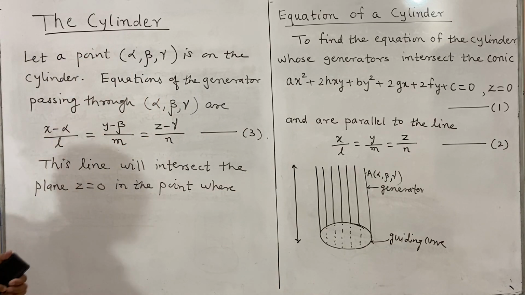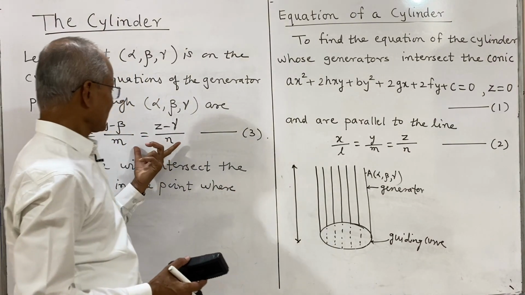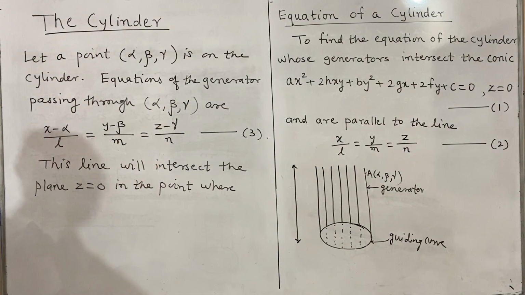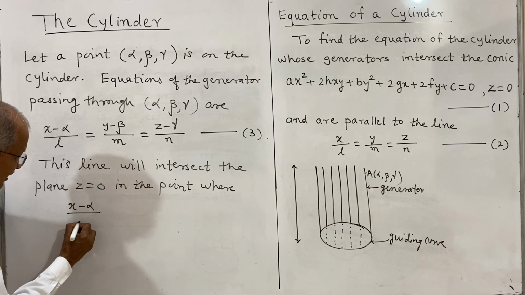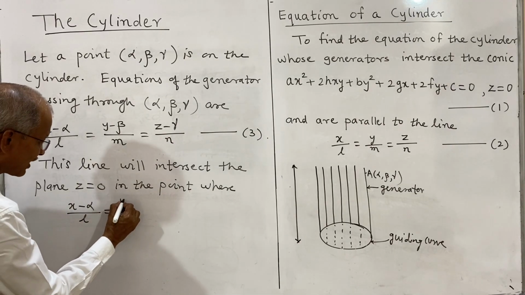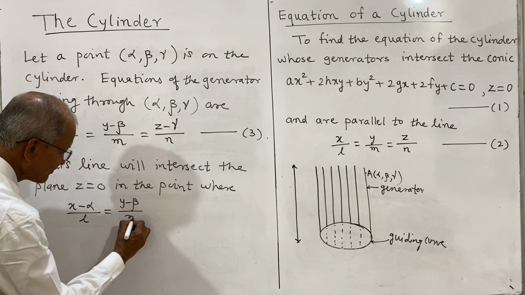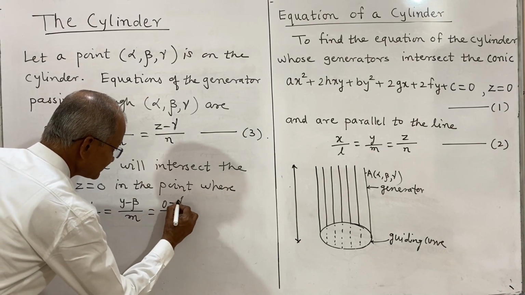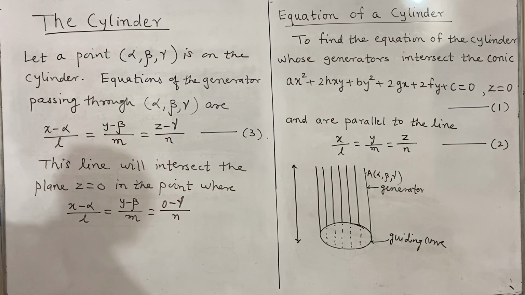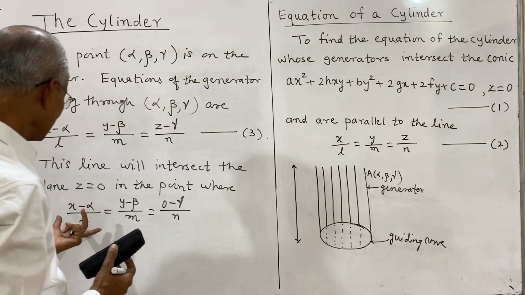Putting z = 0 in this equation, we shall get (x − α)/l = (y − β)/m = (0 − γ)/n. That is the point of intersection.